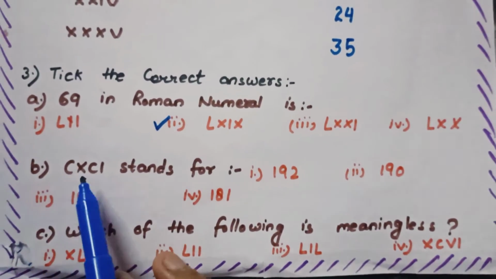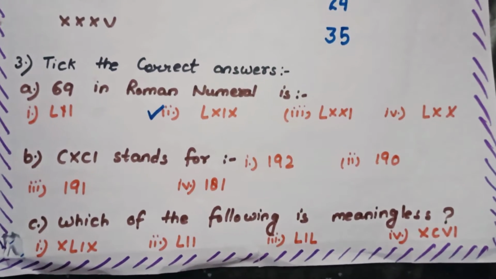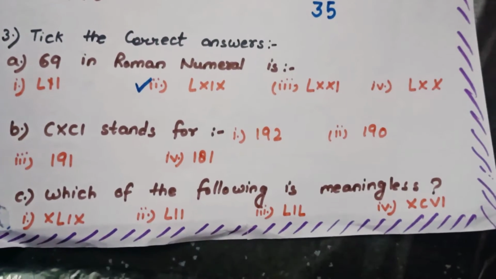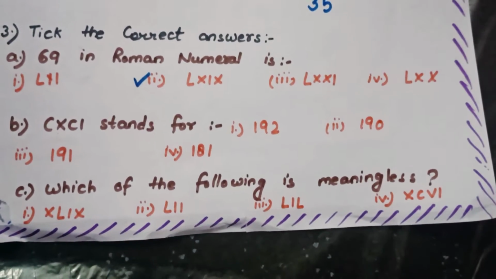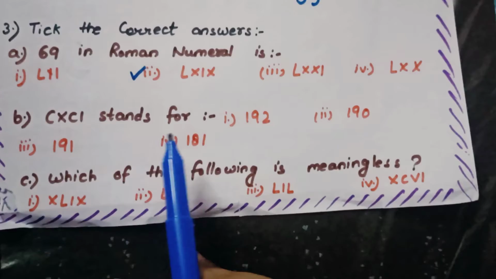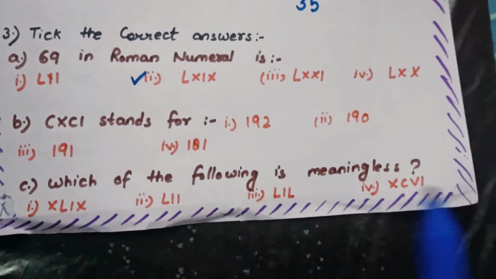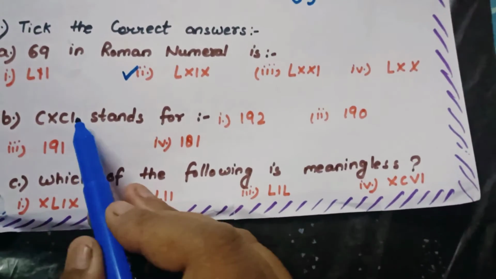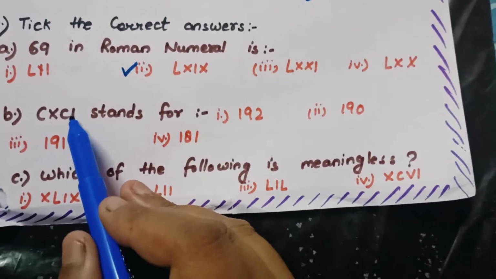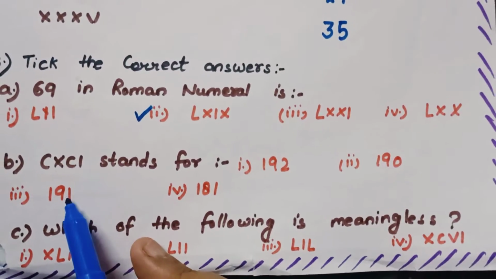Now CXCI. We can only solve it once we remember it. But yes, one more idea I can give. The last Roman numeral is I and the Roman numeral I is 1.